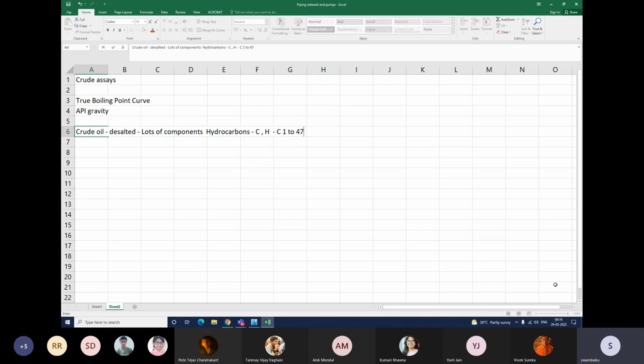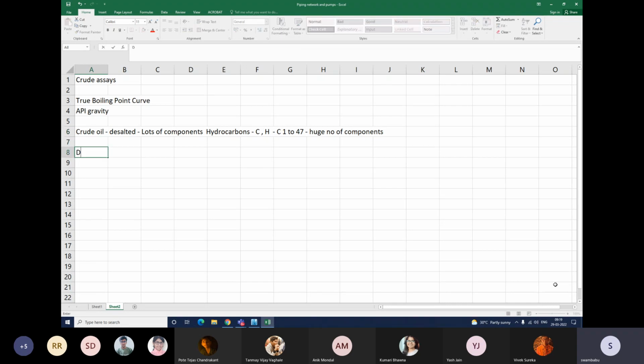It's not like alkanes only; it will be a combination of alkanes, alkenes, and alkynes. So there are a huge number of components in these hydrocarbons.